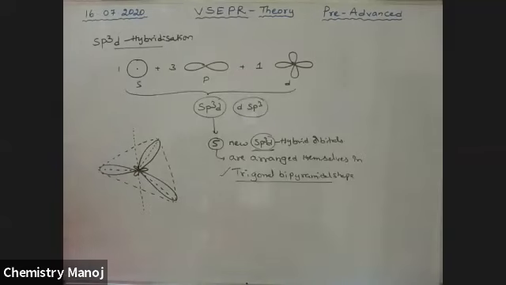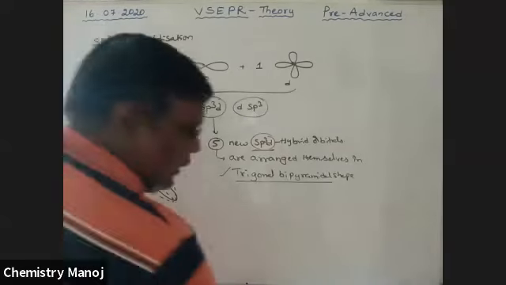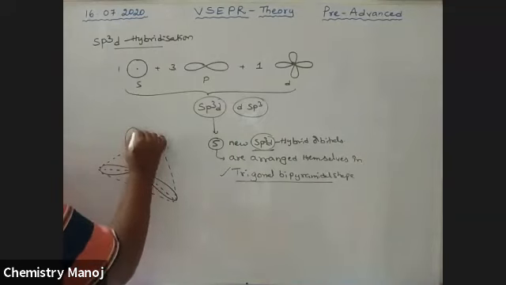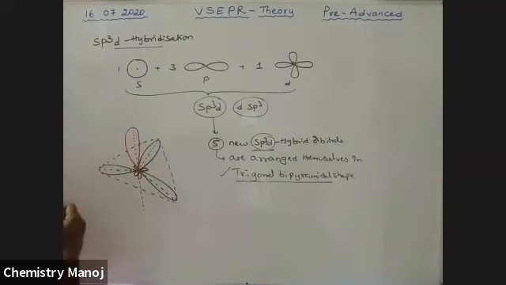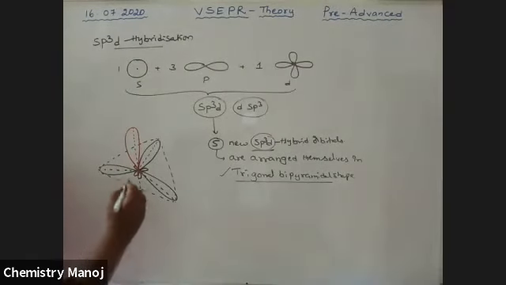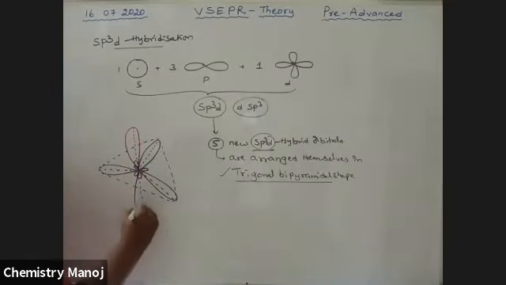Now the other orbitals, I am drawing with red pen: 1 orbital above the plane and 1 orbital below the plane. These are the 5 orbitals.